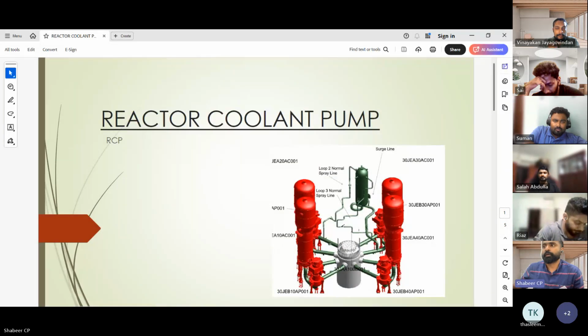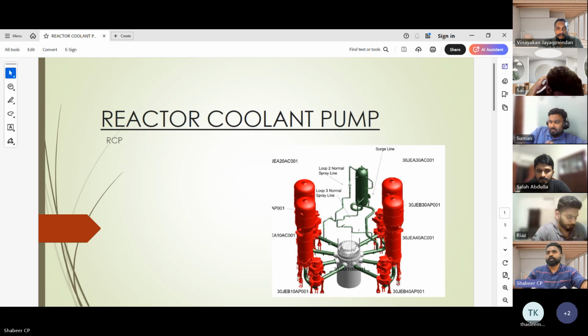So hi guys, I hope my screen is visible in your app. Right. So I would like to share some insights about the reactor coolant pump. We already know well about this topic. In technical terms, we call it RCP.